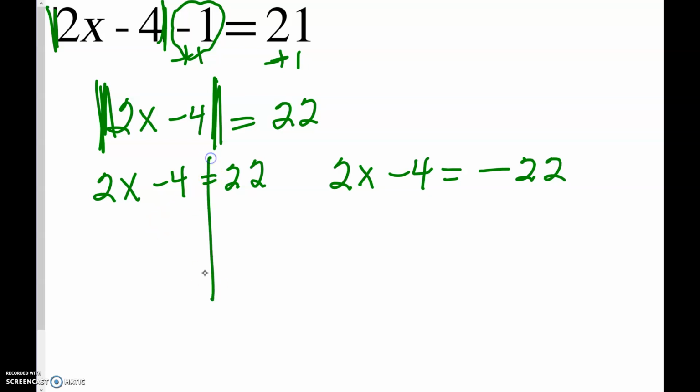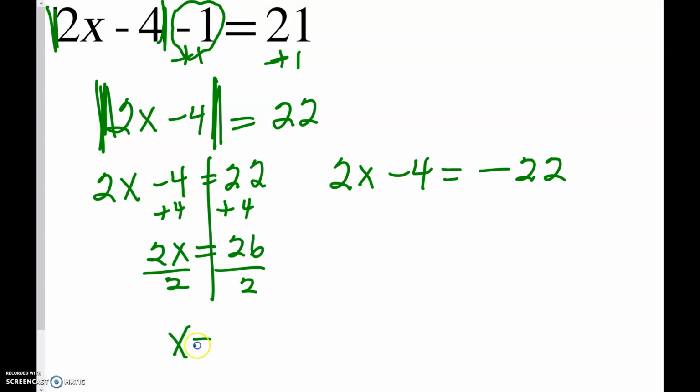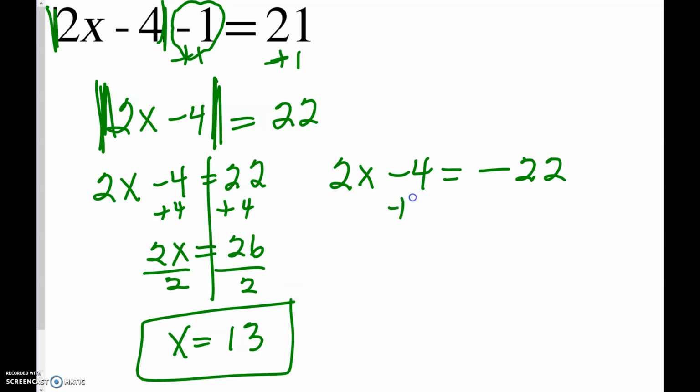So remember, of order of operations for solving, I'm going to add 4. So I have 2x equals 26. Divide both sides by 2. So one answer looks like it's going to be x equals 13. Okay, now I'm going to add 4.